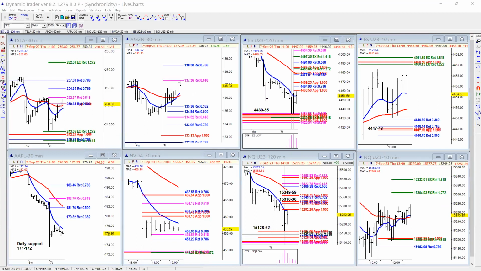So on the intraday charts, it's 8 and 34 exponential moving averages. Okay. So I'll write that real quick. Intraday charts, 8, 34 exponential moving average.